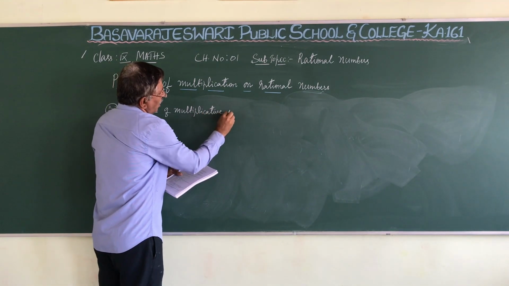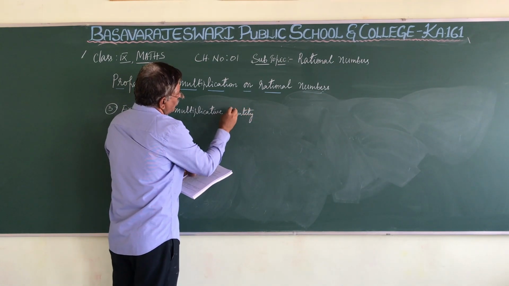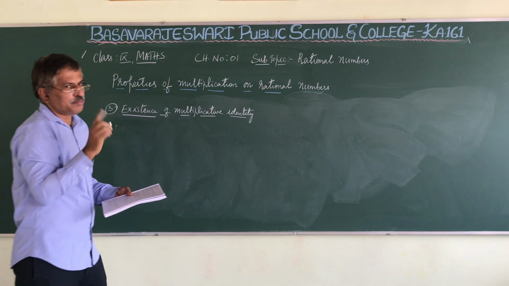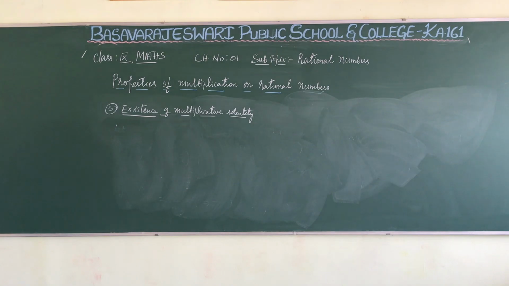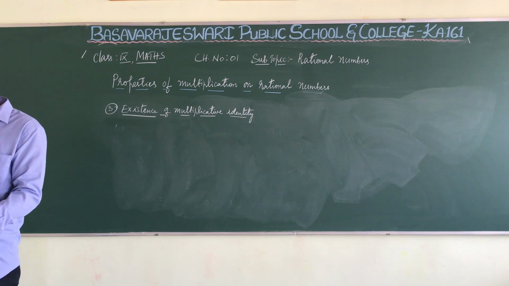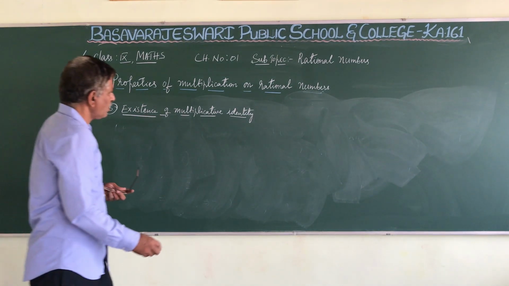So here multiplicative identity means 1. Remember, multiplicative identity means 1. Additive identity means 0 in addition, whereas here in multiplication, multiplicative identity means 1 only.